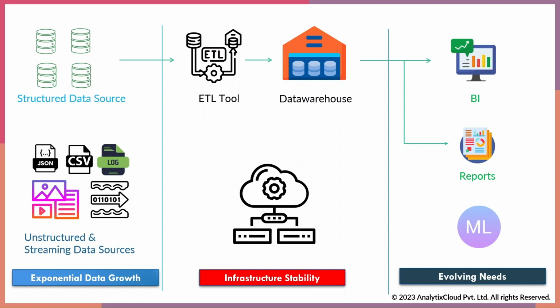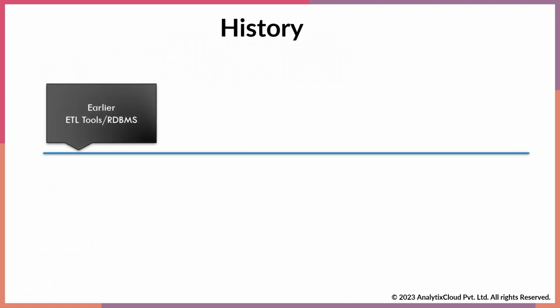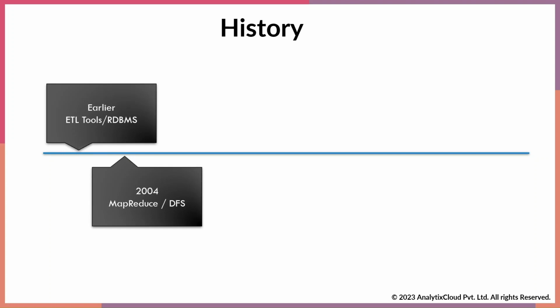So, ETL tools and relational databases were doing the job for us, and they still are, but to address the limitations in scalability, Google published a paper in 2004 on MapReduce and distributed file system. MapReduce is a distributed data processing technique, and distributed file system is a way of storing the data.